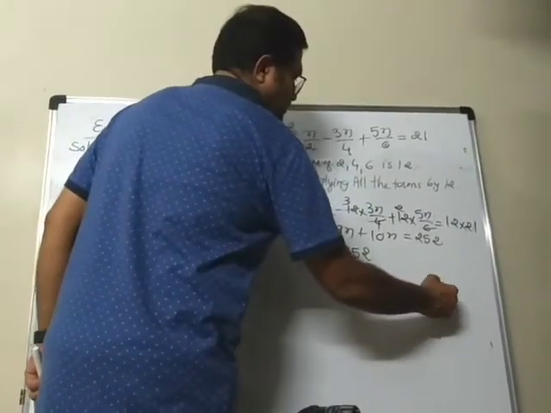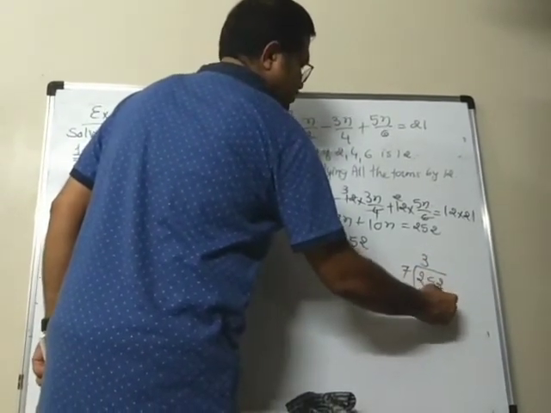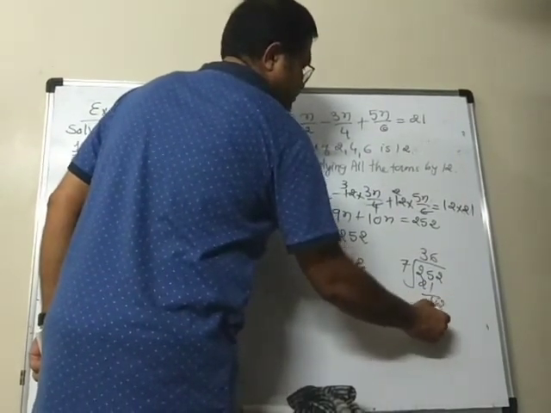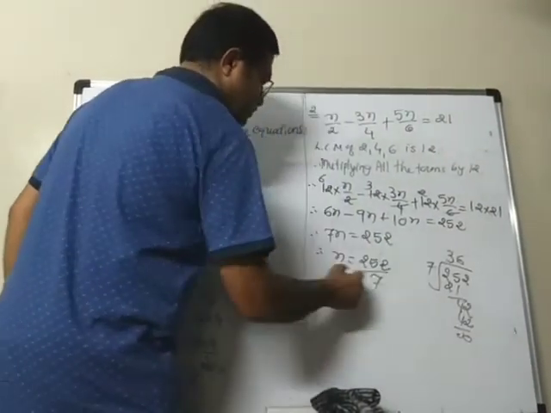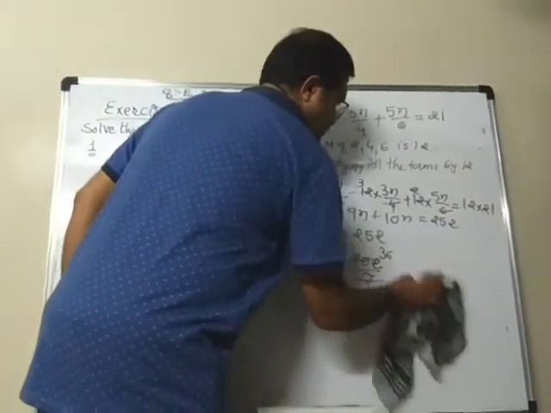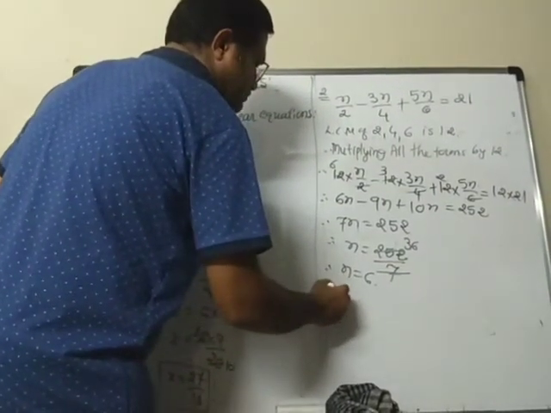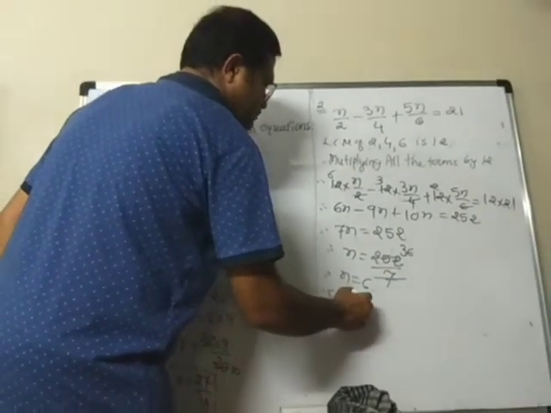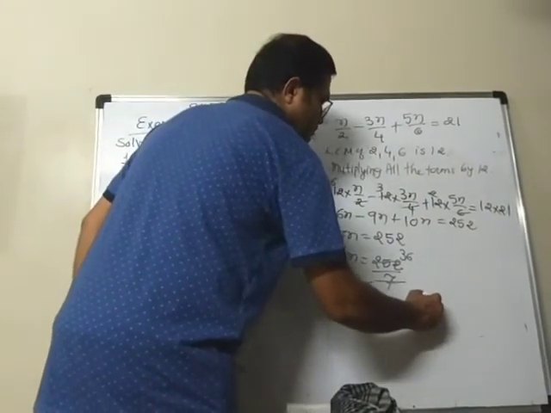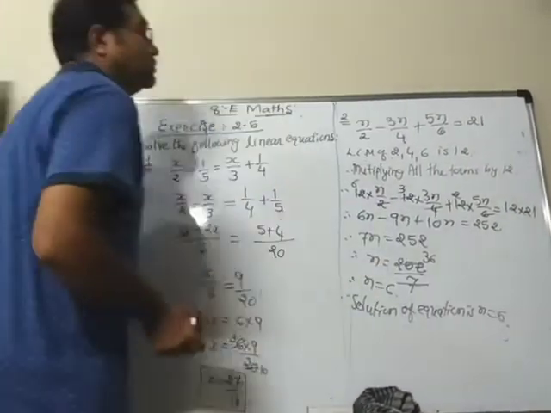So we have to divide it. 7 3s are 21, 7 6s are 42. So cancellation is 36. So we get the value n equal to 6. Therefore, solution of equation is n is equal to 6.